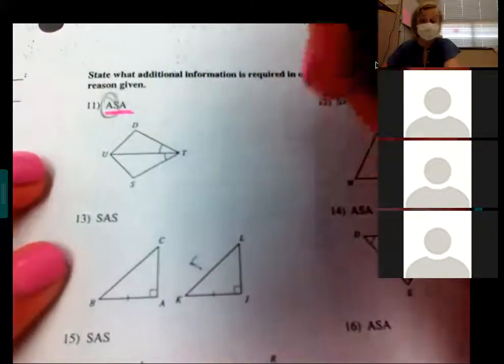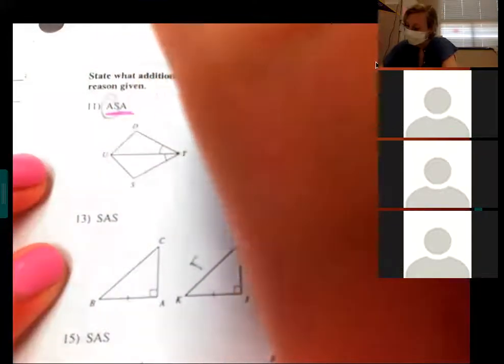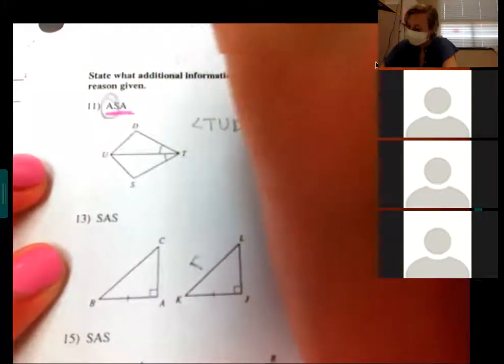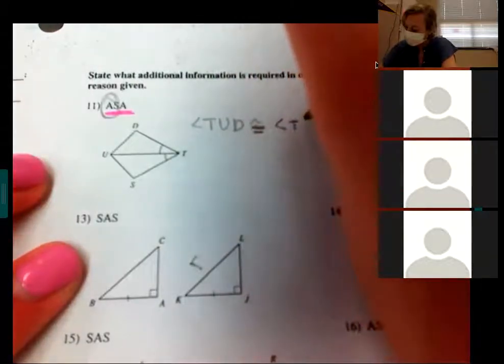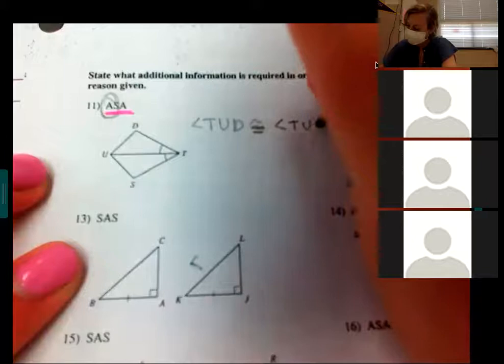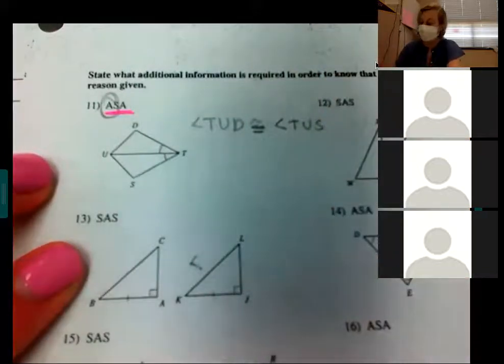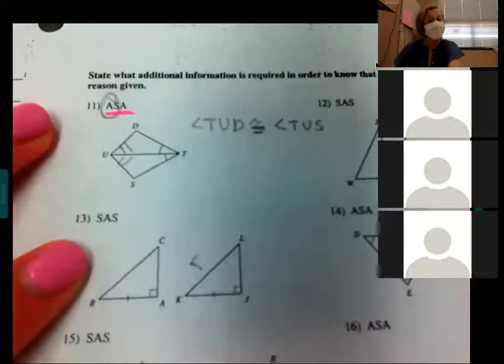No, because they both U. Yes, good Henry. Angle TUD is congruent, I wrote the wrong symbol, to angle TUS. You are missing these 2 angles right here. If those were marked, then you could prove ASA.